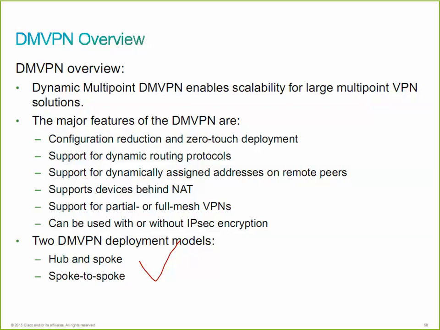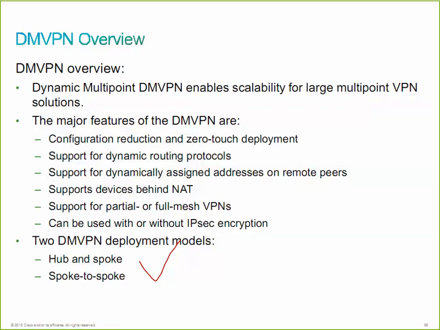We also have the spoke-to-spoke deployment option. All right? In a spoke-to-spoke DMVPN model, each branch is configured with a multipoint GRE interface so that dynamic spoke-to-spoke tunnels can be used for the spoke-to-spoke traffic.